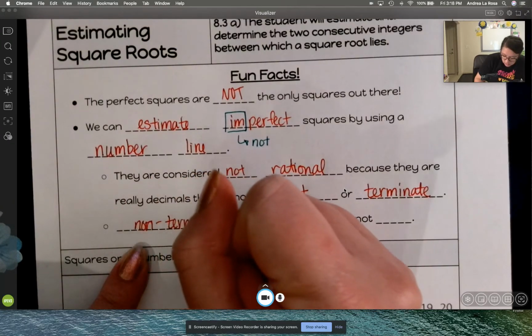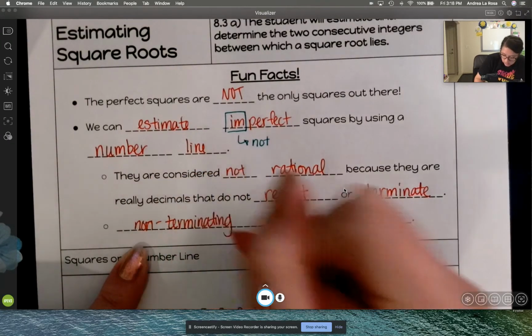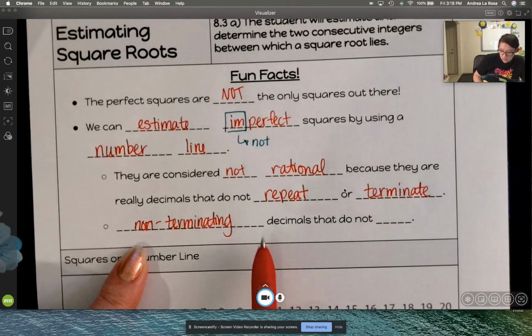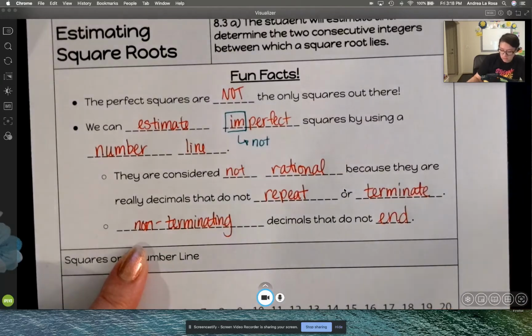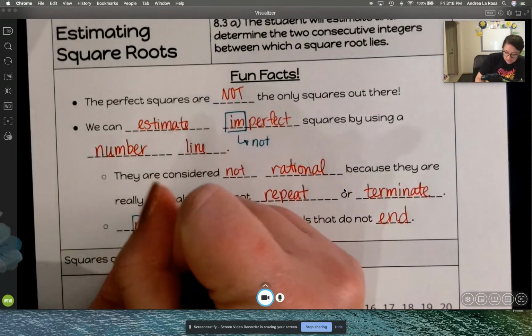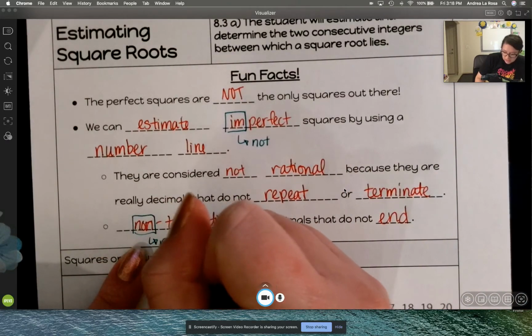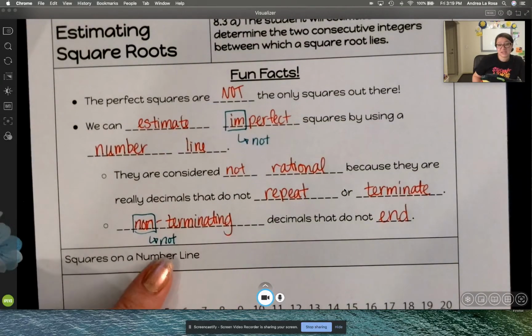Non-terminating decimals are decimals that do not end. Again, this prefix non also means not. So that means these decimals, they do not end. They're going to keep going forever and never stop, never repeat.